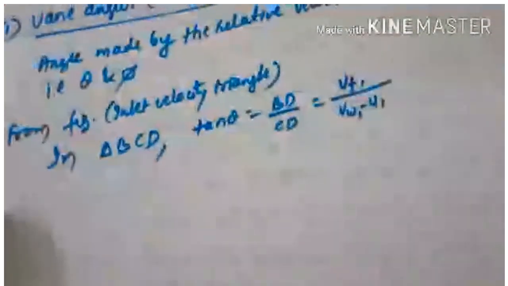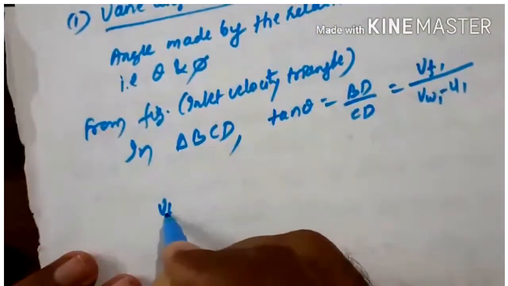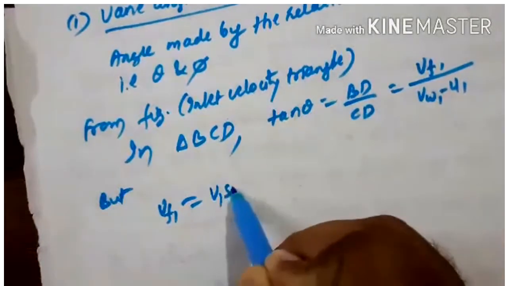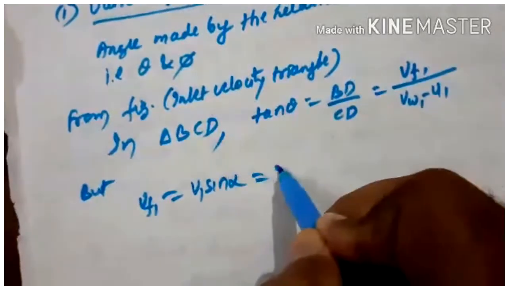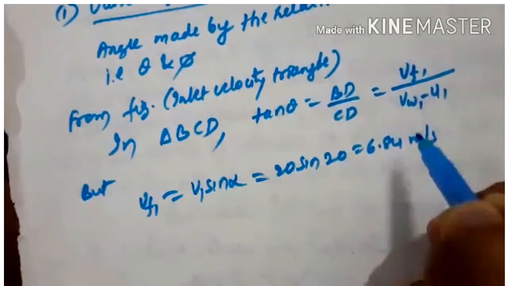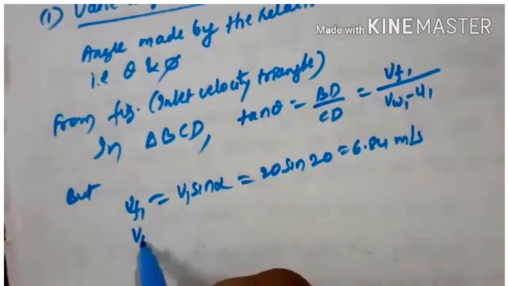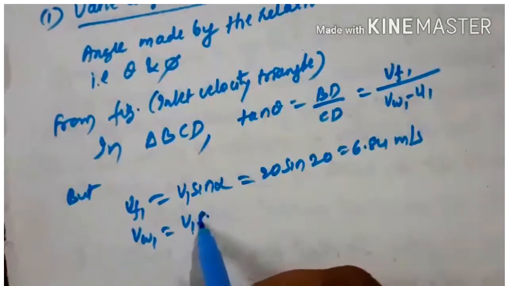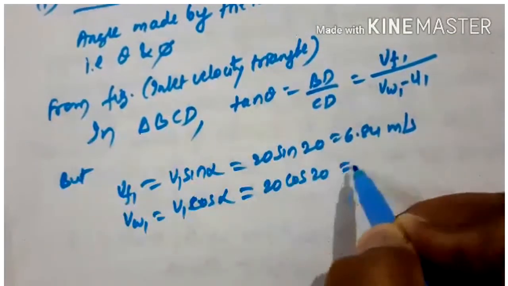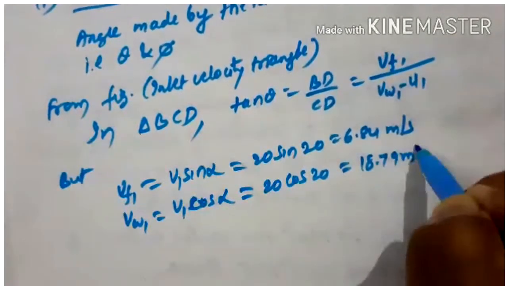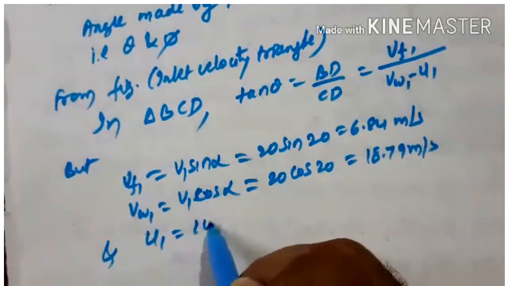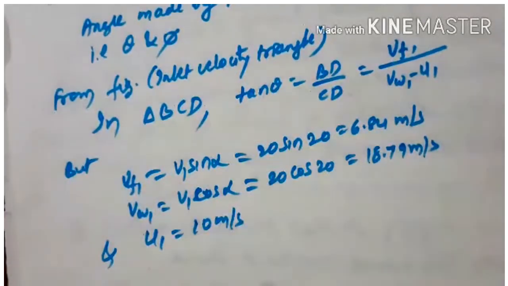Then what is VF1? VF1 is V1 sine alpha, and V1 is given and alpha is also given, so you will get 6.84 meter per second. Similarly, VW1 is V1 cos alpha, so 20 cos of 20 gives 18.79 meter per second, and U1 equal to 10 meter per second, that is given.